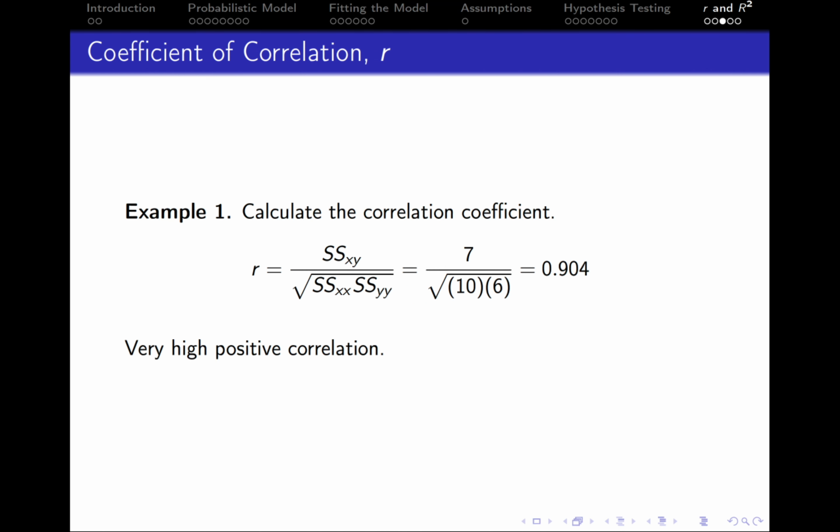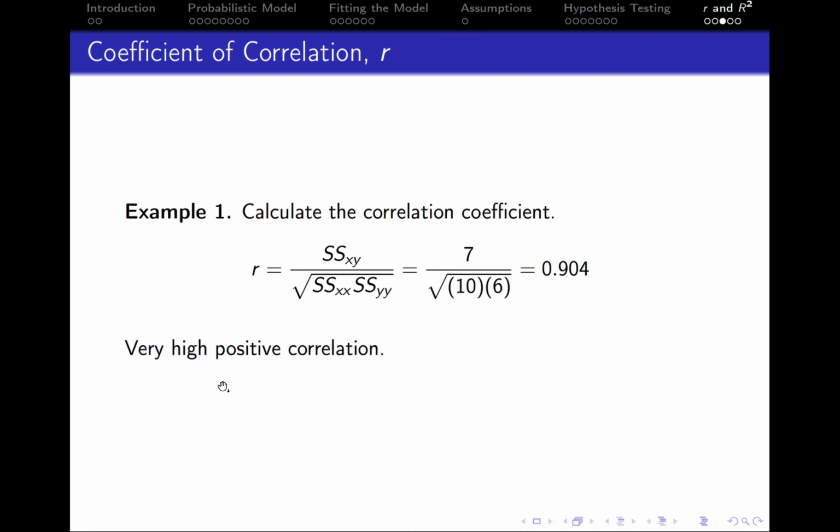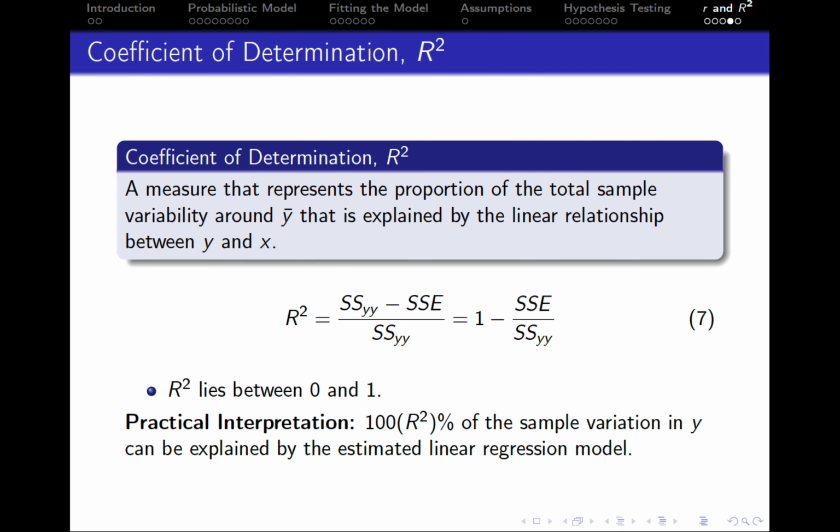So if we go back to our example about the reaction to a certain drug, the correlation coefficient is estimated to be 0.904, and since it lies within the interval of 0.9 and 1, we say that there is very high positive correlation.